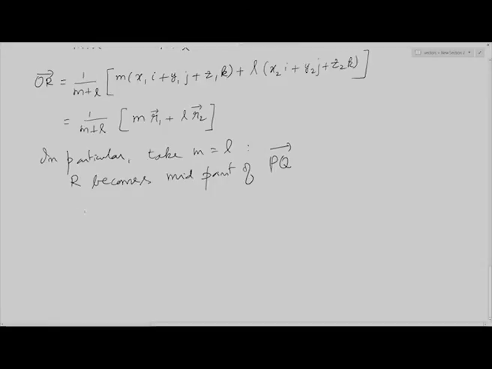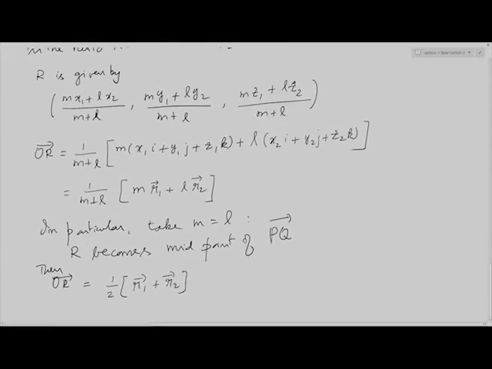Therefore, OR is equal to 1 by 2, because m is equal to L. So that can be taken out, and when m is equal to L, that 2 will be there in the denominator. So, it is simply R1 plus R2 divided by 2.